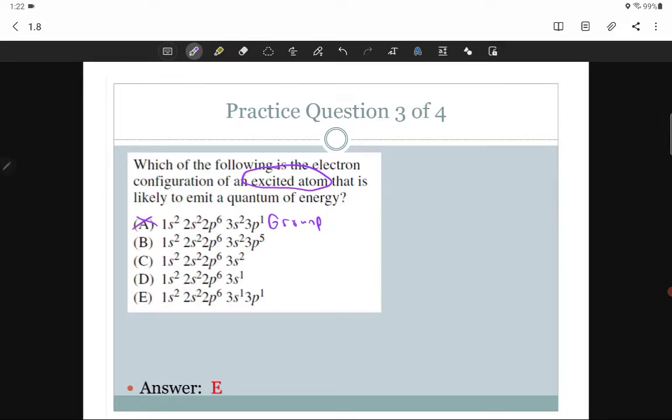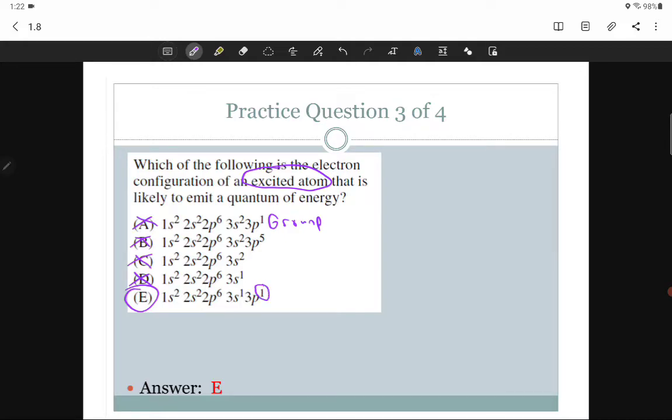1s2, 2s2, 2p6, 3s2, 3p5, that's still ground state. So it's not B. 1s2, 2s2, 2p6, 3s2. Another one that's ground state, so it's not that one. 1s2, 2s2, 2p6, 3s1. Again, ground state. So by process of elimination, it's E, but why is it E?